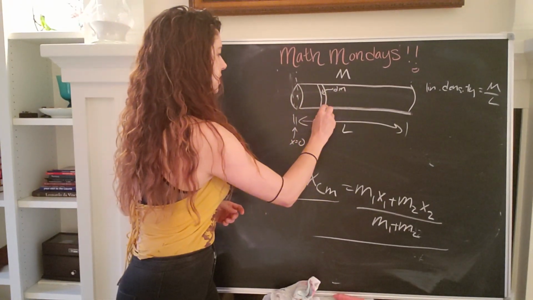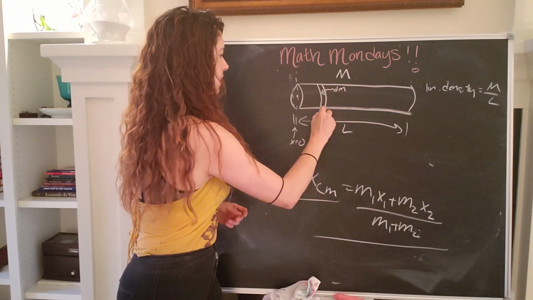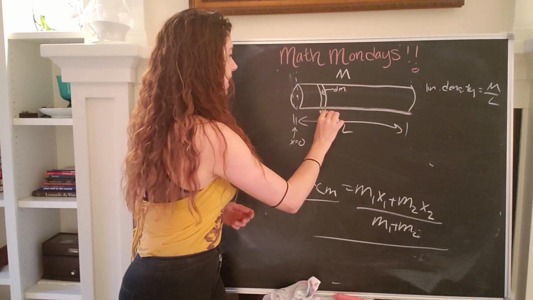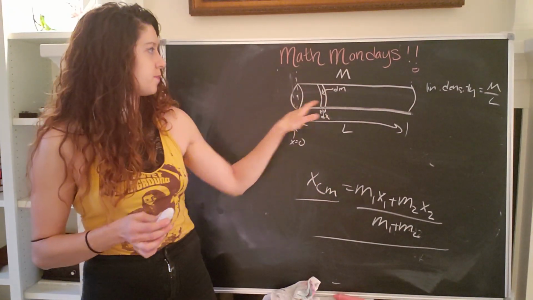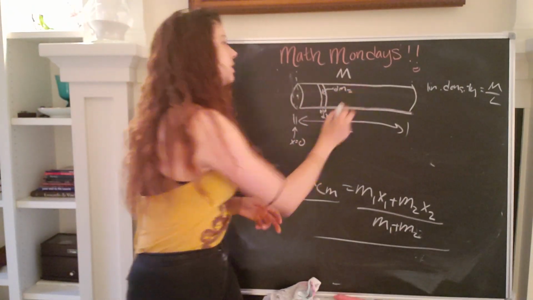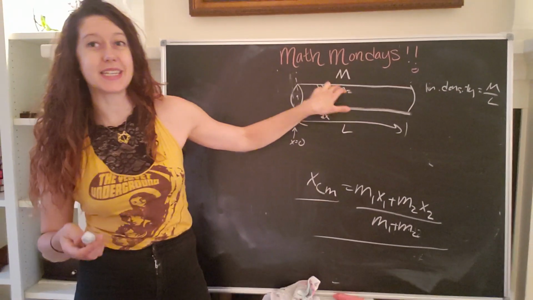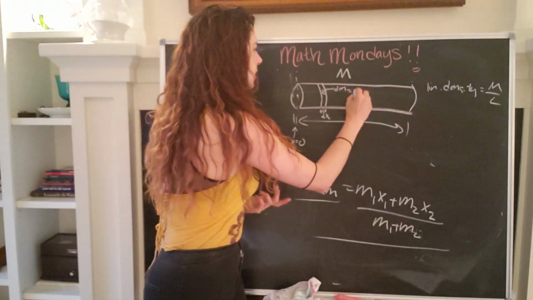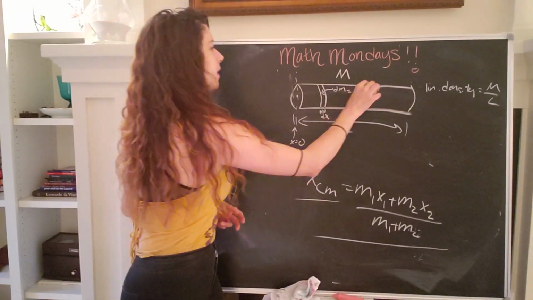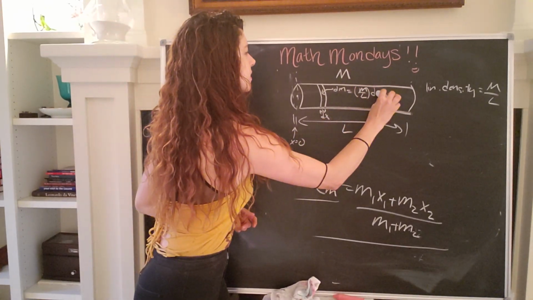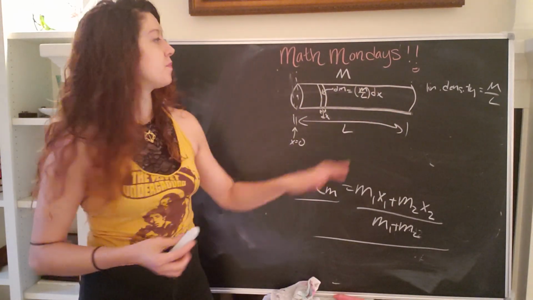Well, the width of this tiny slice is a tiny length of the object. And so you could say, well, the mass of this teeny tiny slice is the linear density, which is capital M divided by L, times the length of that tiny slice.